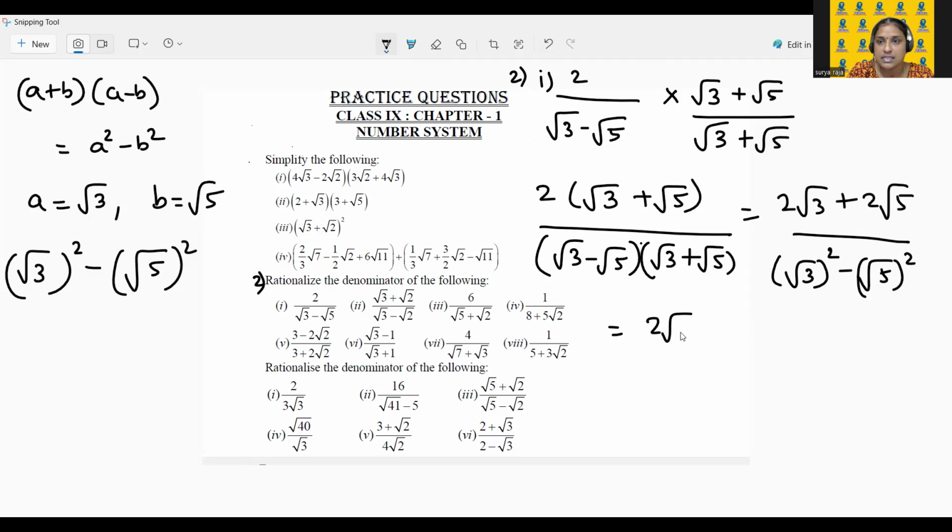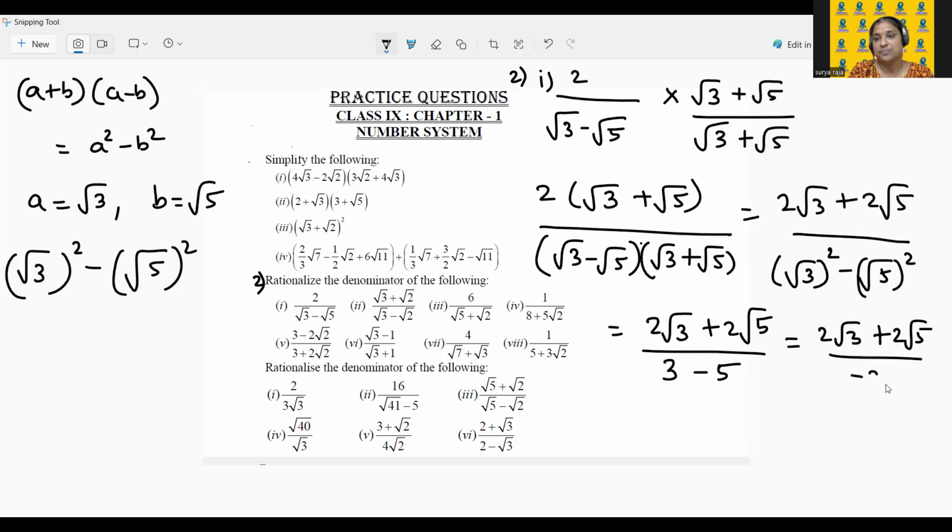Let it be as it is. Now, what is square root of 3, the whole square? I have told you this before. You can simply write 3 minus 5, which is minus 2. So 2 root 3 plus 2 root 5 by minus 2. This is the final answer.